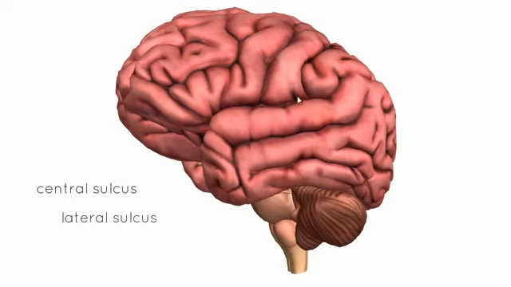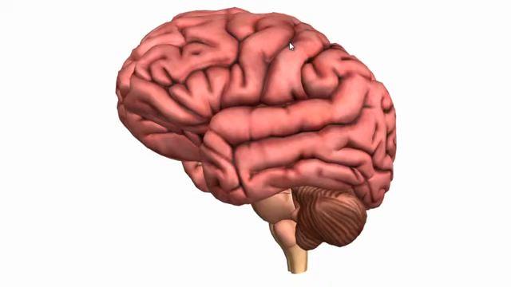I'll do another tutorial which goes through all these different grooves and ridges. But the reason I showed you these 2 sulci is because they can be used to separate some functionally important lobes of the brain.